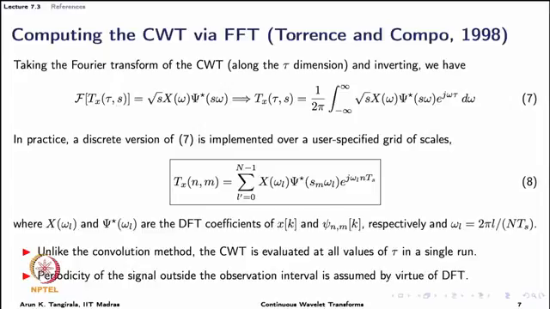And of course, in practice I have to implement a discrete equivalent of equation 7, and once again we have n and m taking the role of the discretized points on tau and s. Now X of omega is replaced with X of omega_L, and psi star of s omega is replaced with psi star of s_m omega_L. Of course, there is a root s factor which does not appear in equation 8. Strictly speaking, that should appear here as a factor, but you could factor that into your psi if you like.